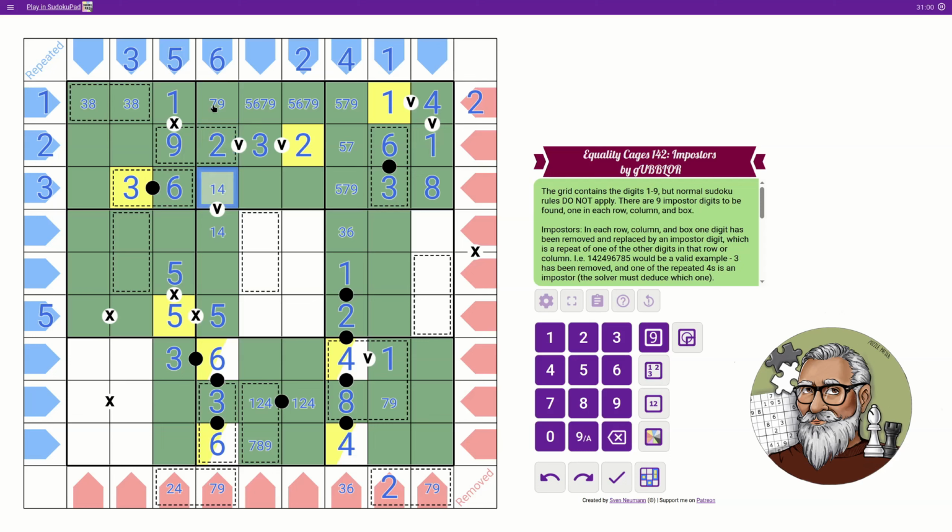But if this is 7, 9, we do need an 8 in row number, in column number 4, we need an 8, so it's there. Do I know what I'm missing here? I don't. Those are not the triplet. This one, no, I have no idea.